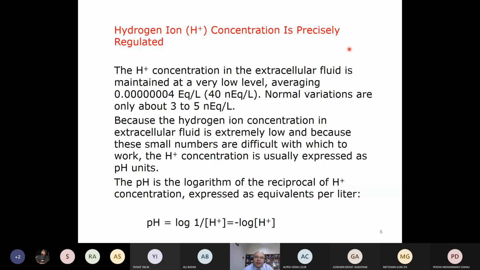Now, hydrogen ion concentration in the blood is regulated very well. Hydrogen concentration in the extracellular fluid, of which blood plasma is a part, is about 40 nanoequivalents per liter. As you see, it is very difficult to talk about this number.